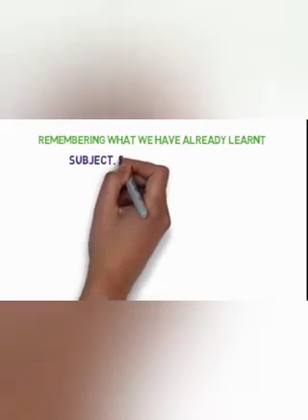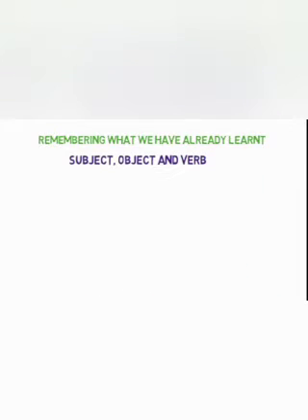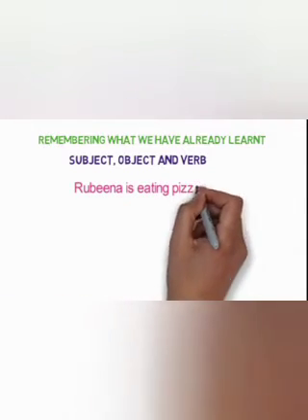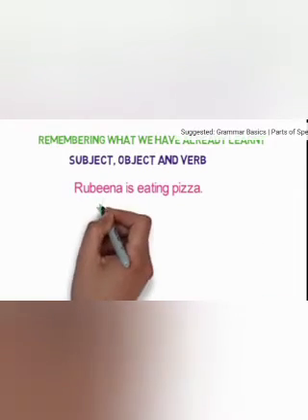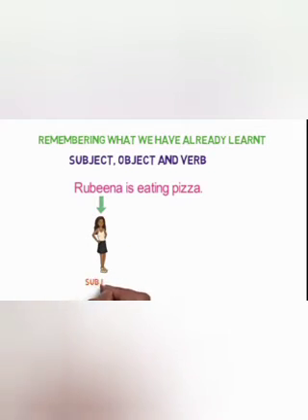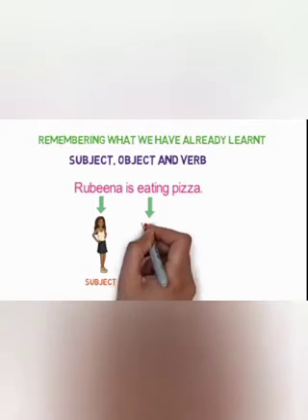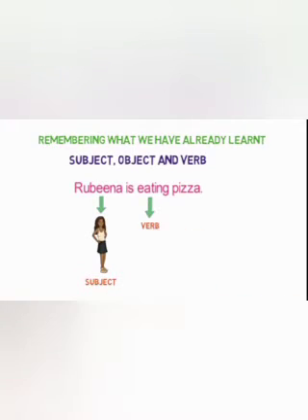Now, let us remember what we have learned about the subject, object, and verb. Now, let's see the example. Rubina is eating pizza. So, who is the doer of the action? Rubina. So, Rubina is the subject. And what is she doing? She is eating.